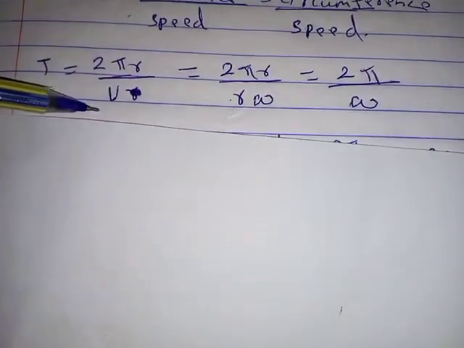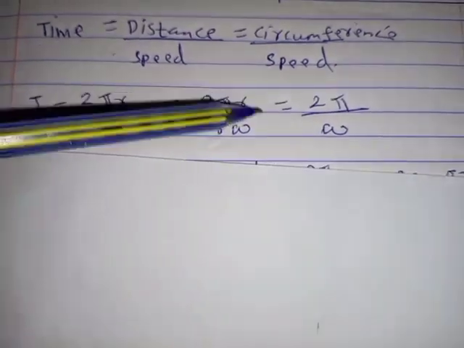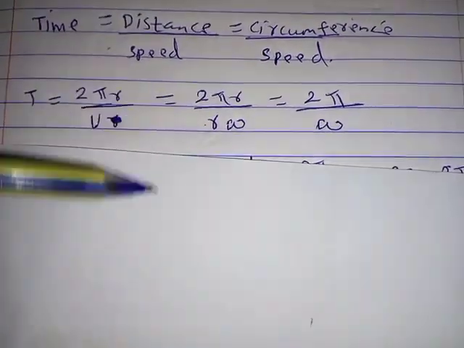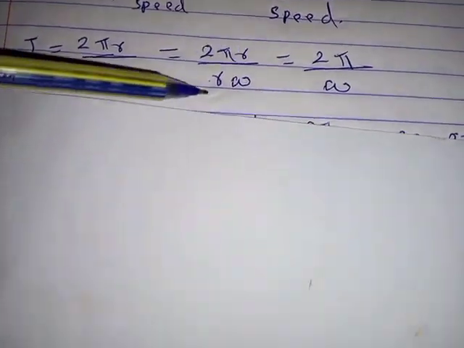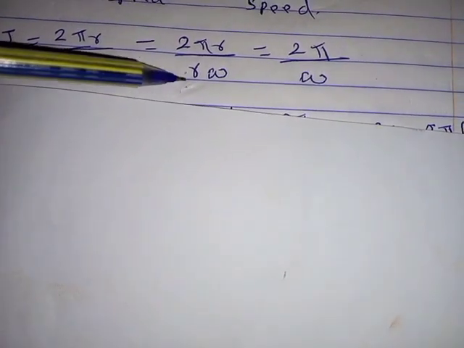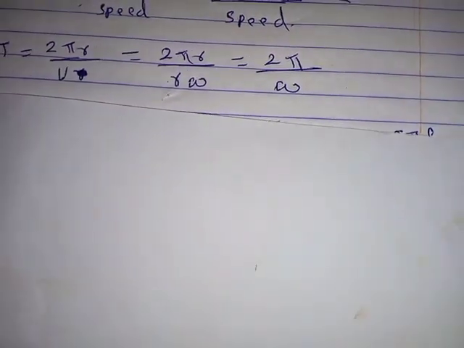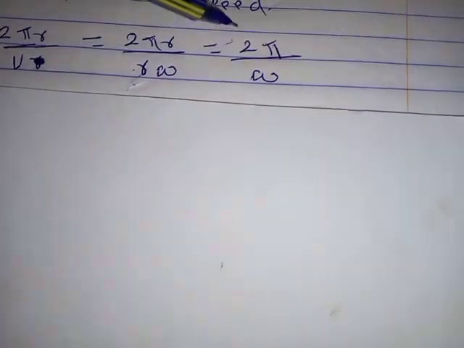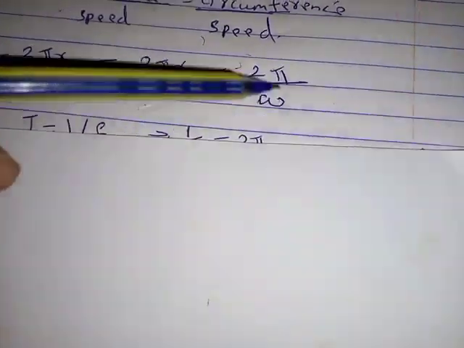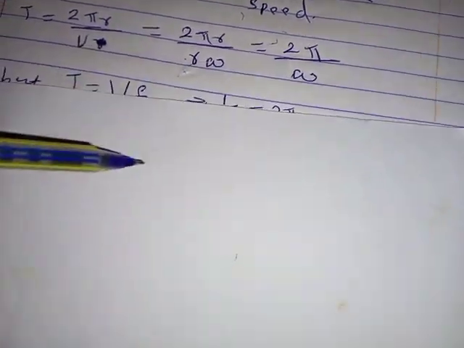So 2 pi r over v. v is the speed, and 2 pi r is the circumference that the body covers. v is r times omega. Now, r and r can cancel, and we are left with 2 pi over omega.